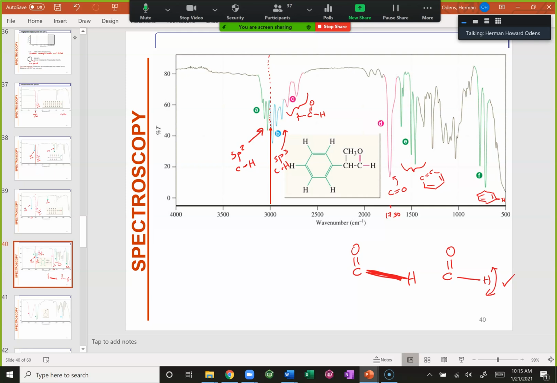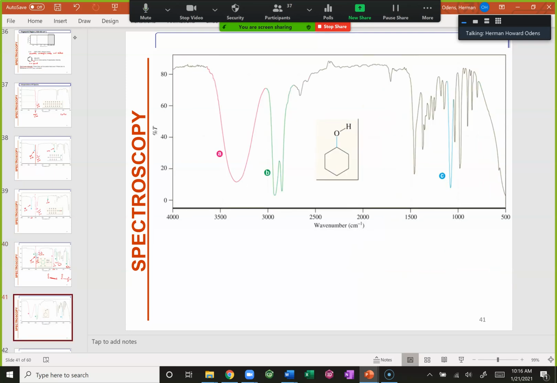And the reason why you have 2 signals is because these H's are different than these 2 H's, or that one in the back, or this one right here. So that's why you have multiple stretches, but we can only assign one of them. And I'll just pick the longest one. All right. Let's go to the next slide.